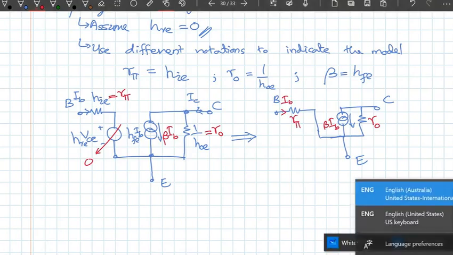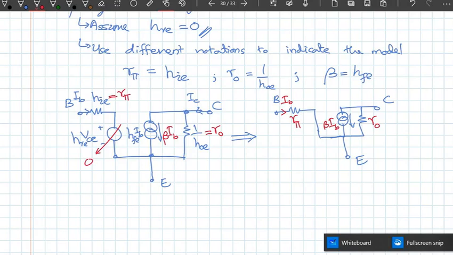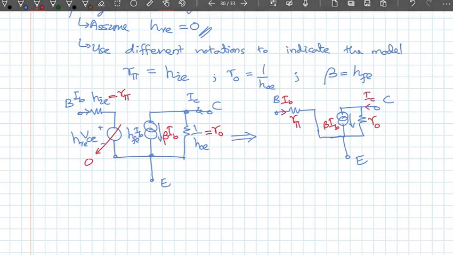The input current is IB, the output current is IC, and the current in the emitter is IE, which is the sum of IB plus IC.